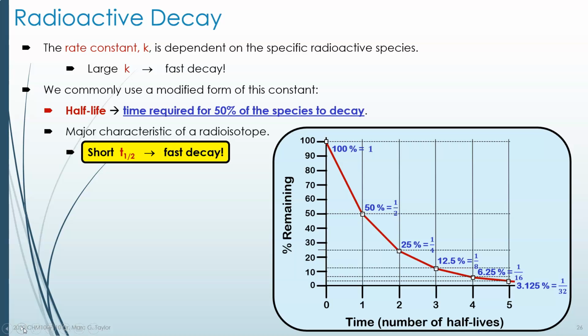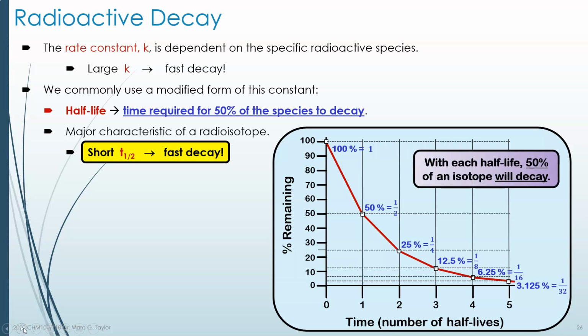You can keep doing this, cutting it in half for as many half-lives as you want. Typically, we say that the radioactivity is essentially gone after about 10 half-lives. That usually gets rid of about 99.9% of any radioactivity, but it's going to be a different amount of time depending on what the half-life is.